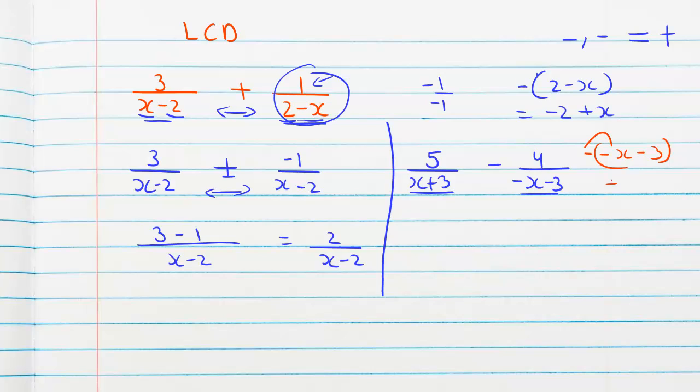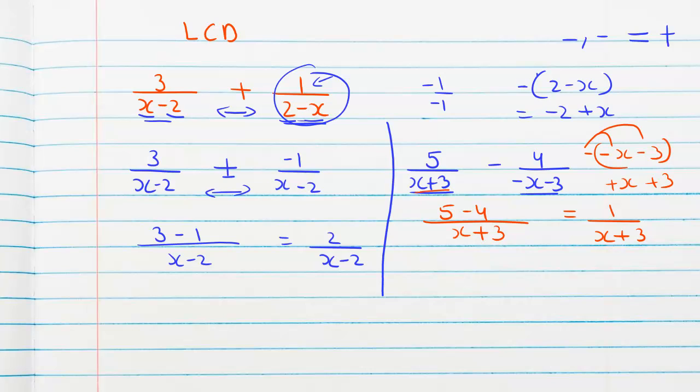These two become plus x, and these two become plus 3. So now they are the same like this one. So our denominator is ready. Least common denominator is x plus 3. 5 minus 4, that is 1 over x plus 3. Okay, and this is our actual answer.